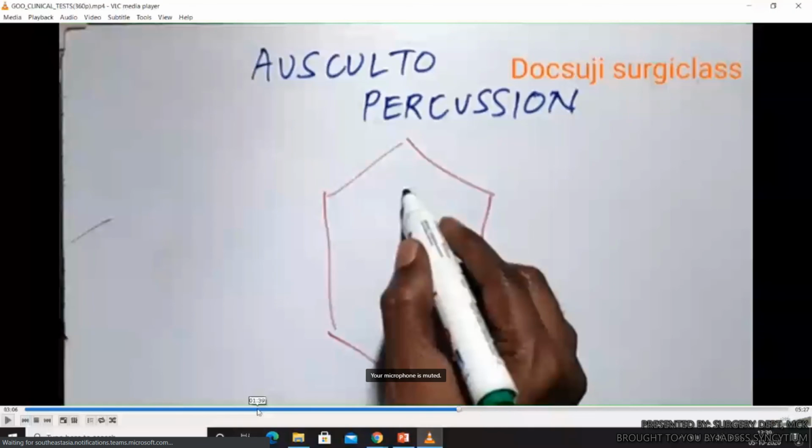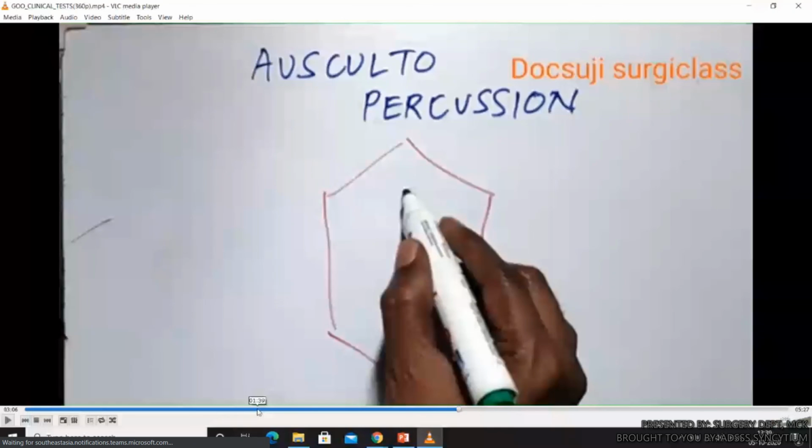Sometimes the stomach becomes so distended that if you move the patient sideways, you will be able to hear the movement of the fluid in the stomach from outside, keeping the ear near the abdomen of the patient.